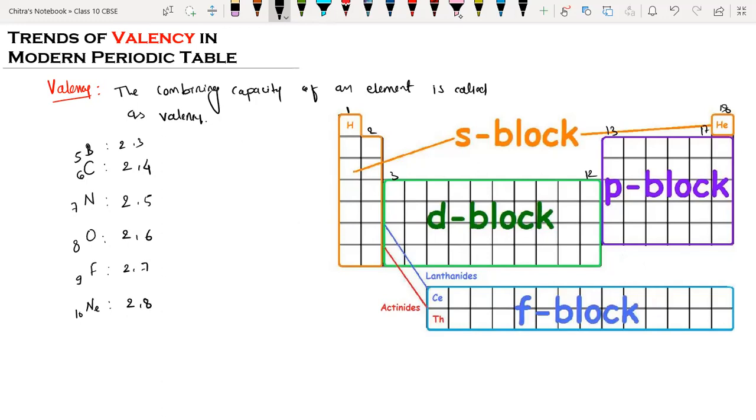The rule says that in order to acquire stability, every element must have 8 electrons in their outermost shell. Is it clear, everyone?